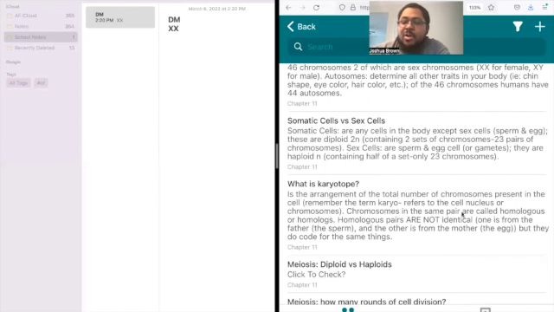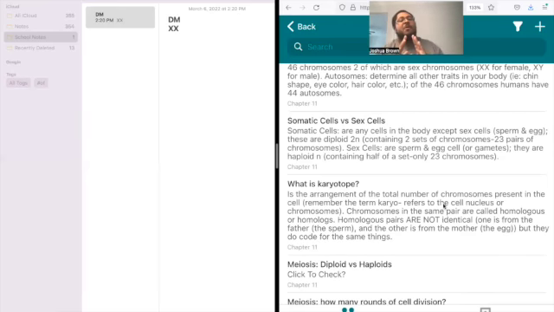Chromosomes in the same pair are called homologous. Remember we were saying how we have 23 pairs of chromosomes? When I say pairs, we're referring to those homologous pairs. So 23 homologous pairs of chromosomes just means we have one chromosome from the father and one chromosome from the mother, and there are 23 of them.